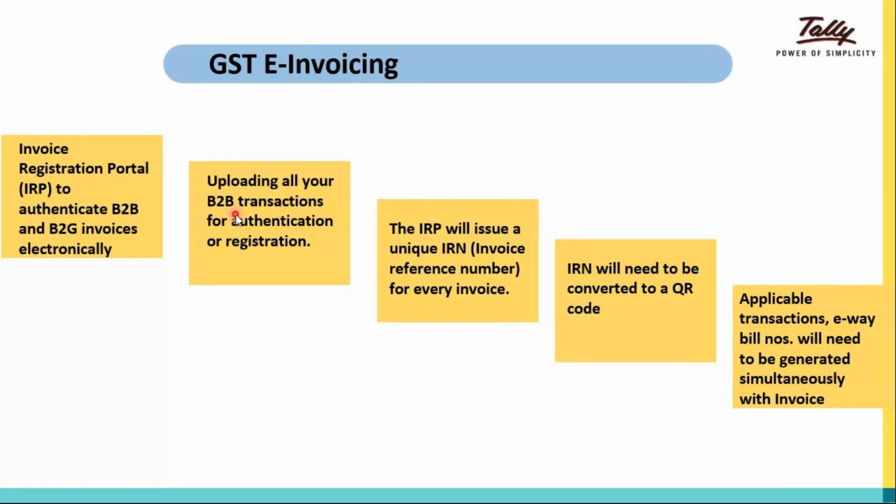We just discussed that we have to generate an e-way bill. So if you have to generate your e-way bill and also upload B2B, that means you have to have your e-invoicing done. So you can do both of them, e-invoicing as well as your e-way bill, simultaneously. That is what we mean by the last point here.